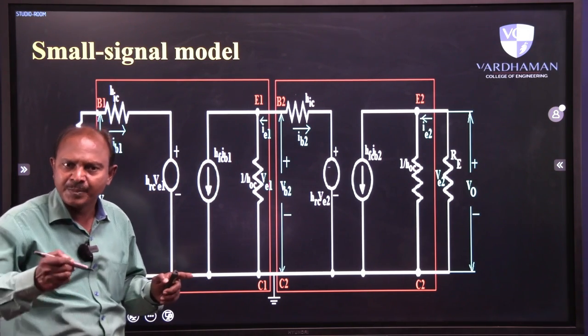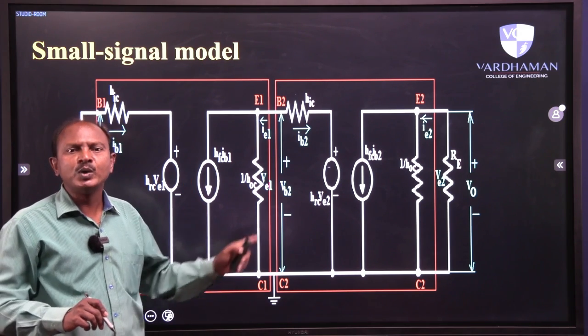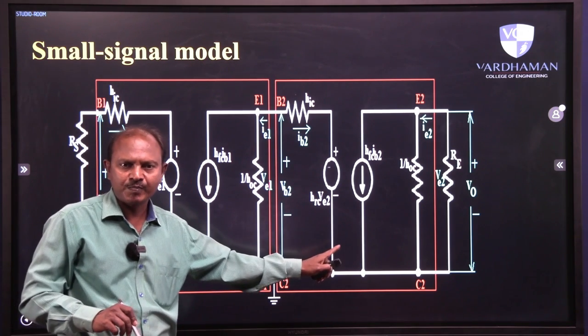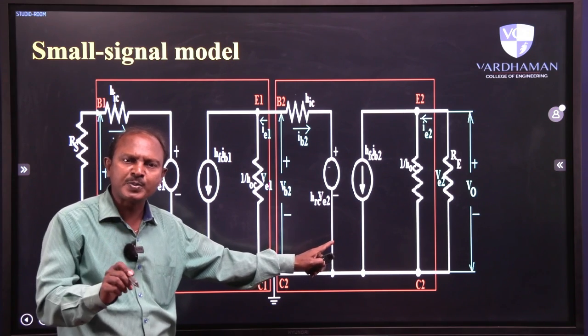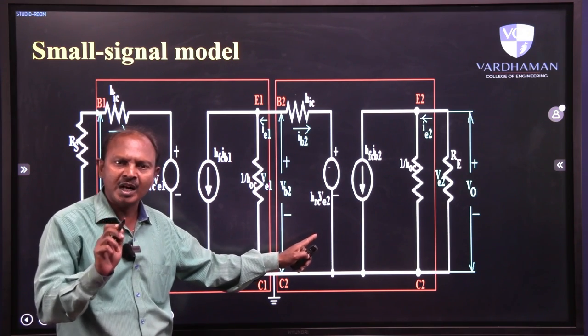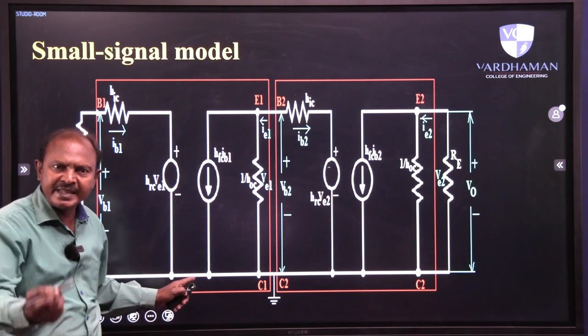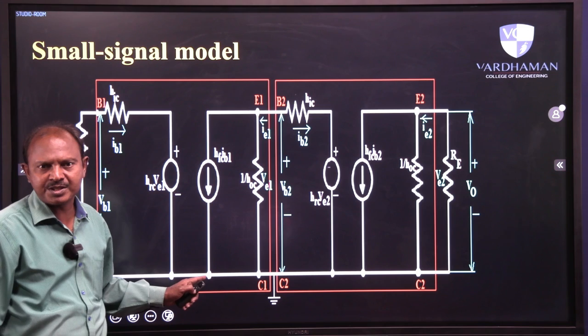I just repeat the procedure. The procedure is: first you analyze the second stage for four reference parameters, namely voltage gain, current gain, input resistance, output resistance. Then consider the first stage. Again complete the analysis for those four reference parameters.